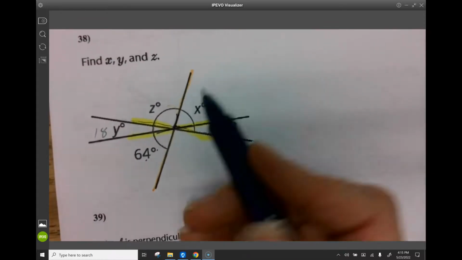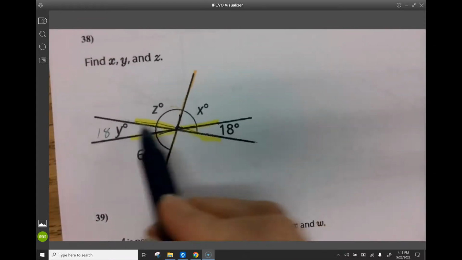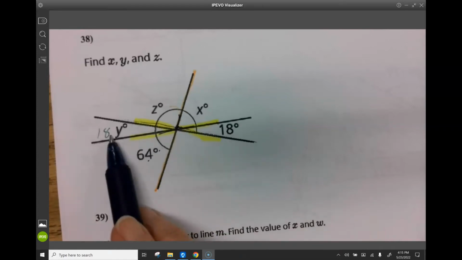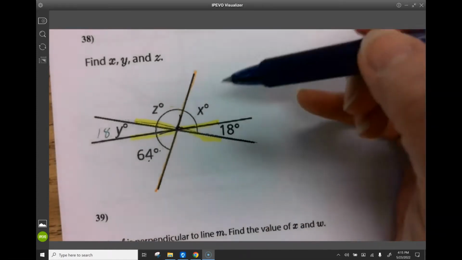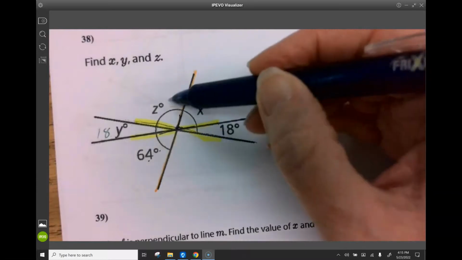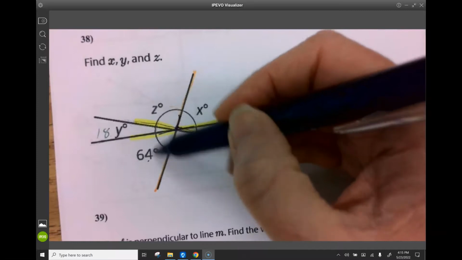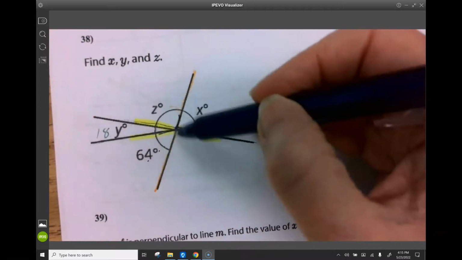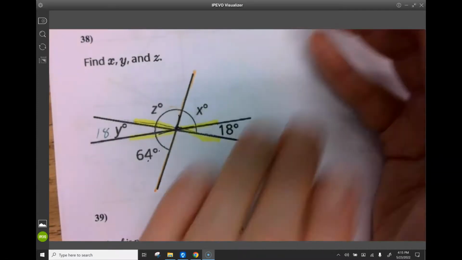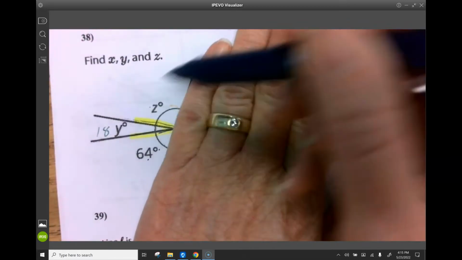Okay, number 38, we have vertical angles. We love vertical angles. So that's 18, that's 18. Now what we have to realize is these three angles add up to be 180. We know this one's 64, and this one's 18. This is a line right here, so these three have to add up to be 180.